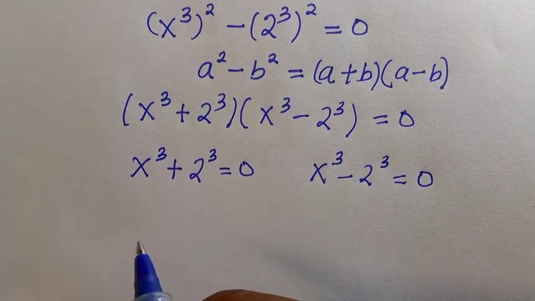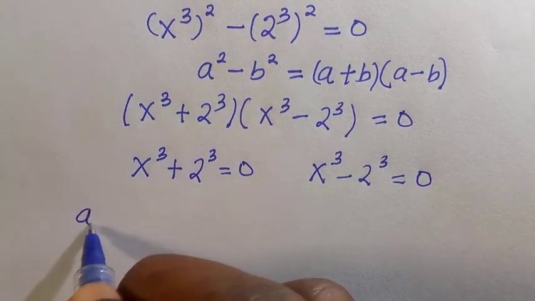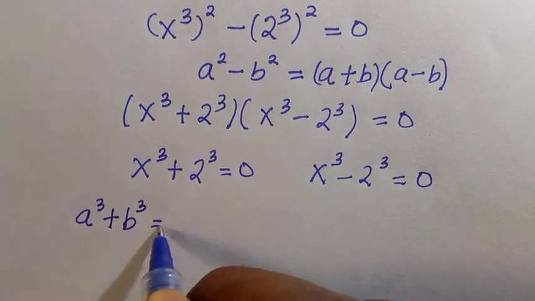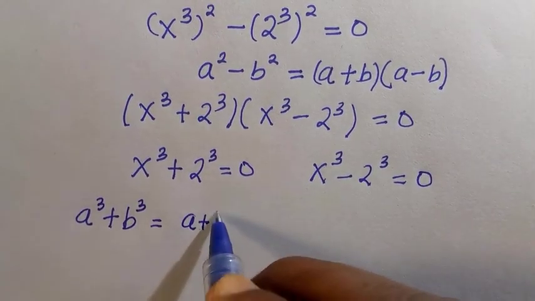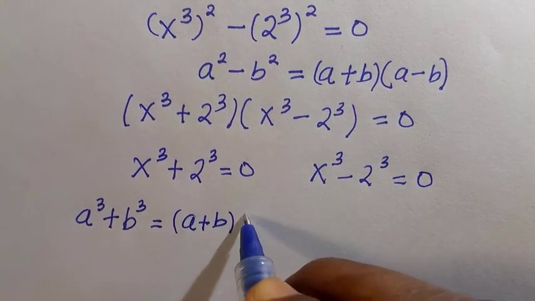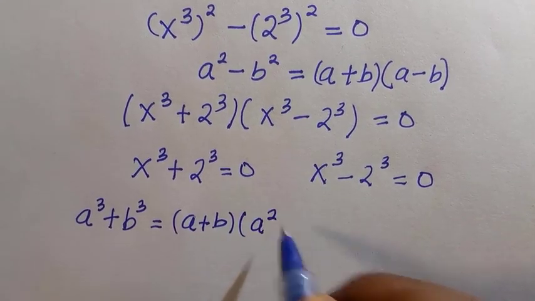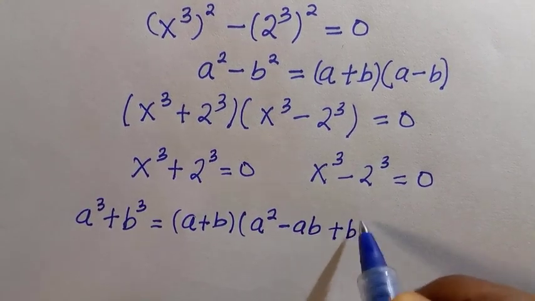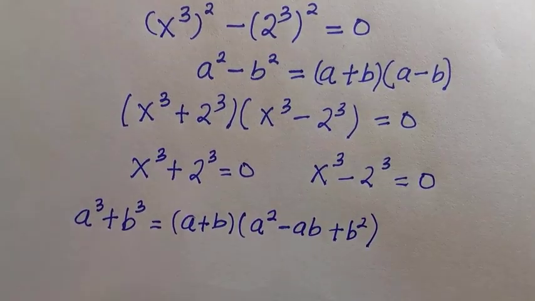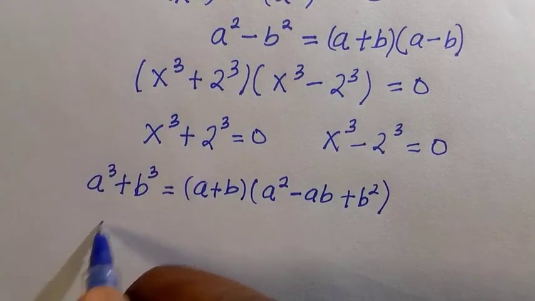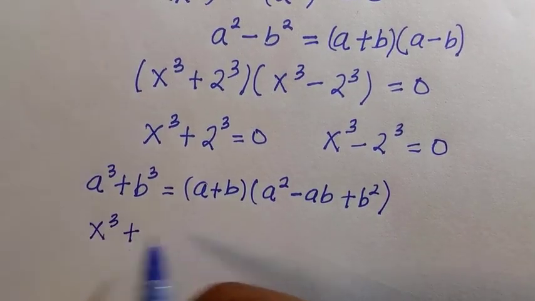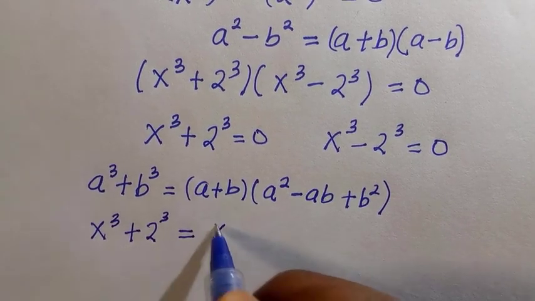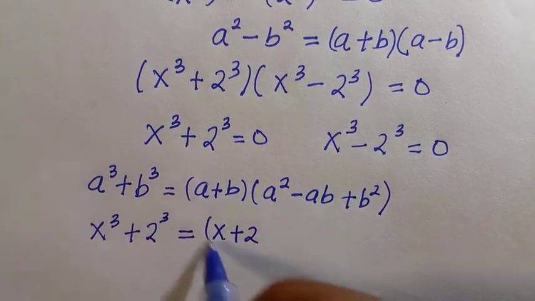To deal with the first one, we know this is the sum of two cubes. If we consider this identity, a cube plus b cube equals a plus b, bracket a square minus ab plus b square. Doing a comparison, this is x cube plus 2 cube, where x is a and 2 is b.